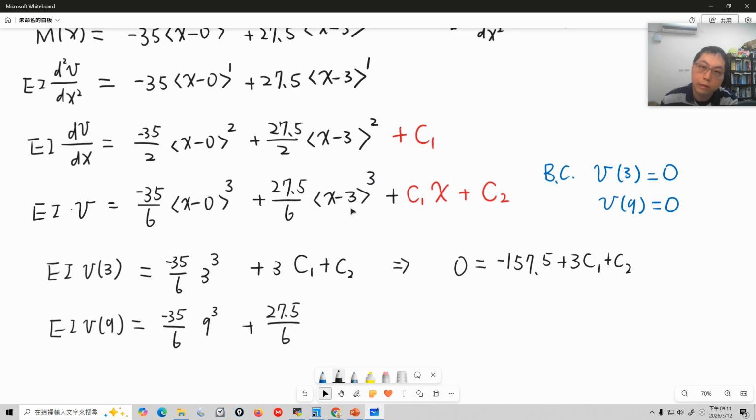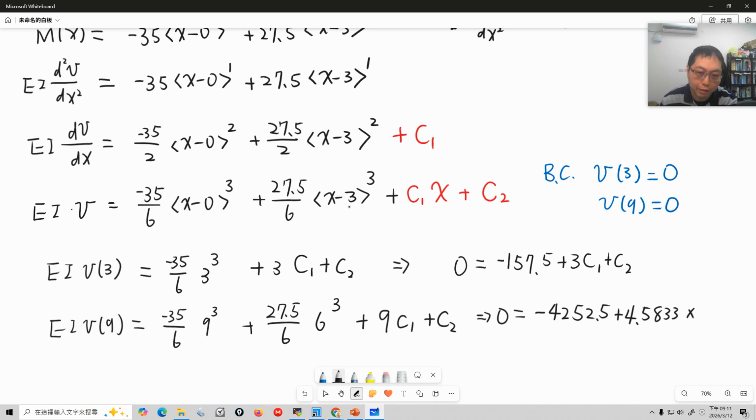So 9 minus 3 is 6, to the power 3. Plus 9C1 plus C2, and here it's 0. So you will have 0 equal to minus 4252.5 plus 4.583 times 6 to the power 3 plus 9C1 plus C2.